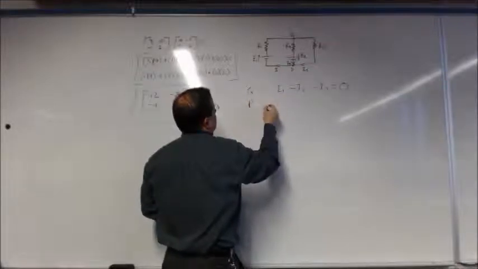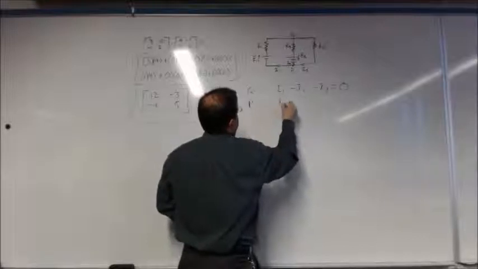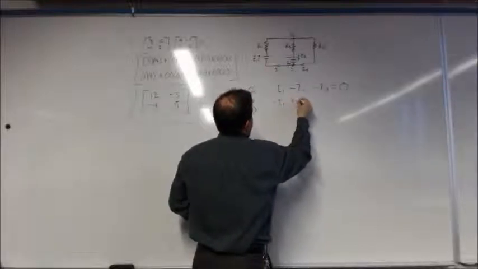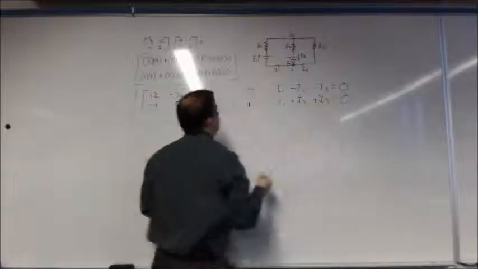At P, we've got minus I1 plus I2 plus I3 equals 0.